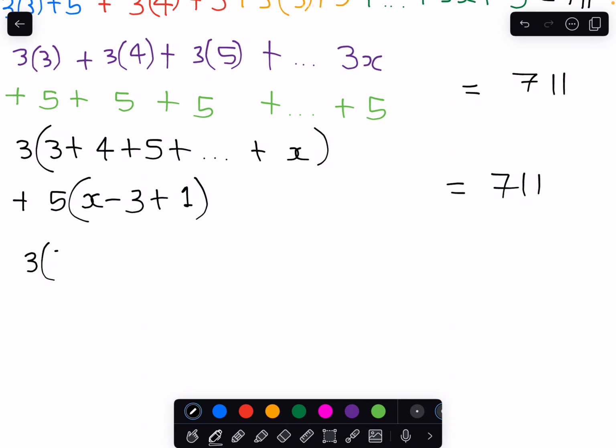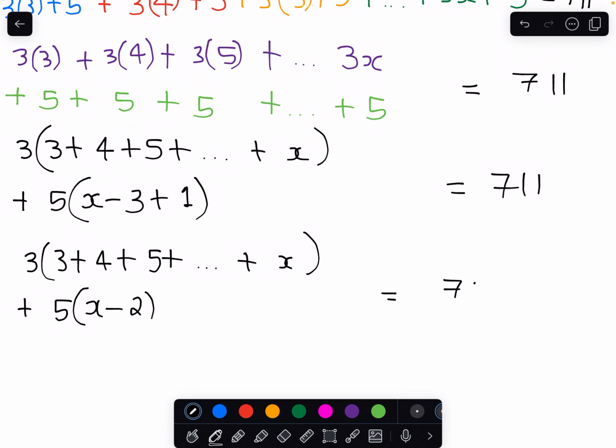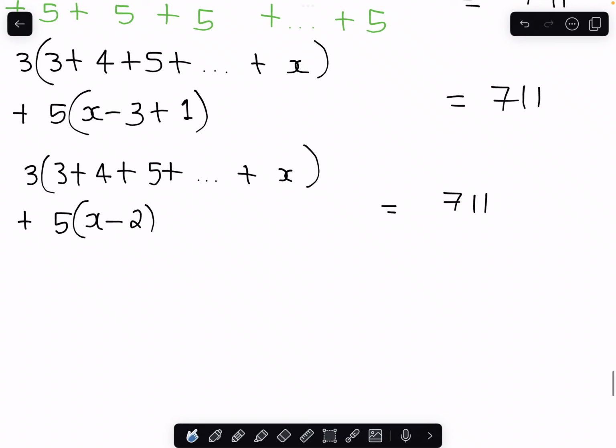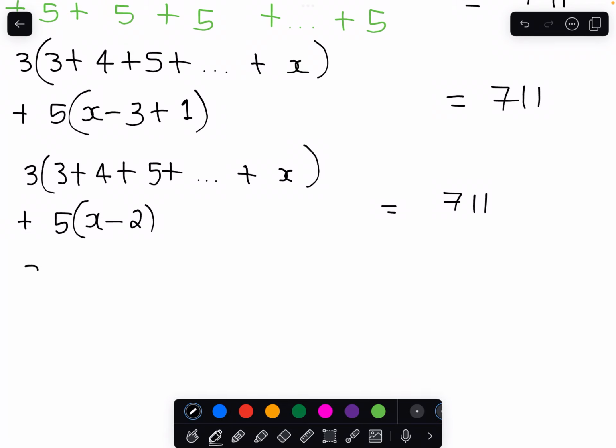So then we have this again, plus 5 times x minus 2. Okay, I think now I can fit them on one line.